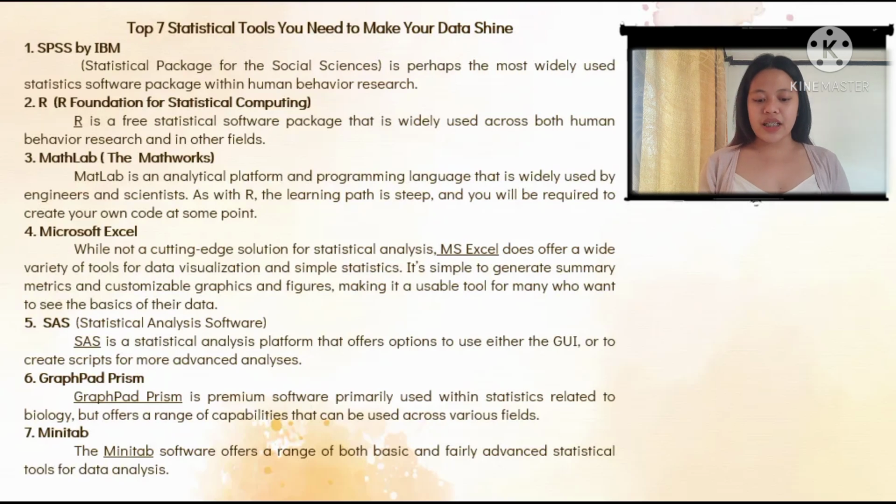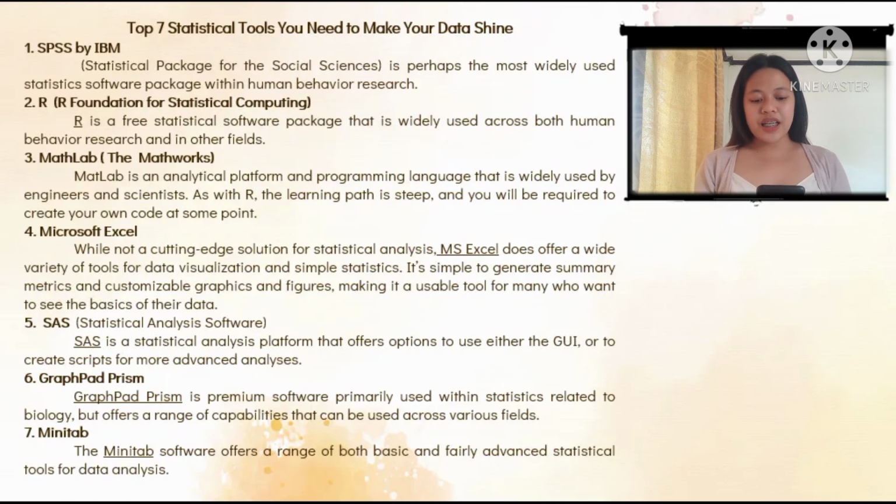While MS Excel is not a cutting-edge statistical analysis tool, it does offer a wide variety of features for data visualization and basic statistics. 5. SAS, or Statistical Analysis Software. It is a statistical analysis platform that allows users to conduct more complicated investigations by using a graphical user interface or by writing scripts.